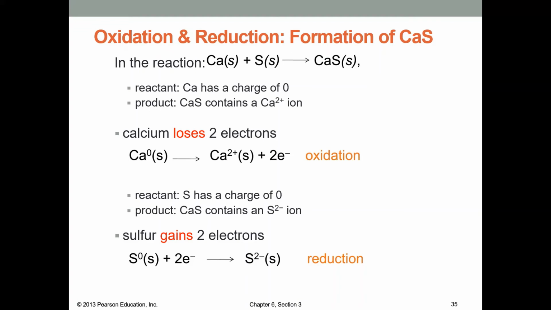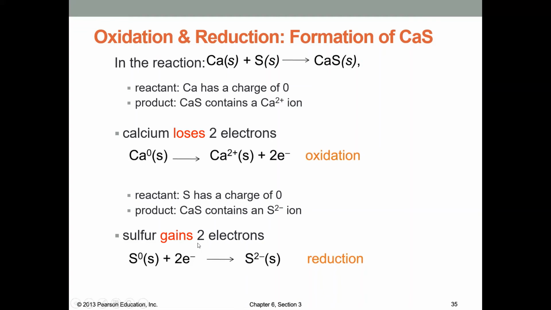So in this case, if I'm looking at what's happening between calcium, I'm adding solid calcium and solid sulfur, and it's becoming calcium sulfide together. Calcium in its solid state by itself is neutral. So when it becomes ionic, it transfers its electrons. It actually gives them away. It becomes positive. It undergoes oxidation. Sulfur is going to gain electrons.